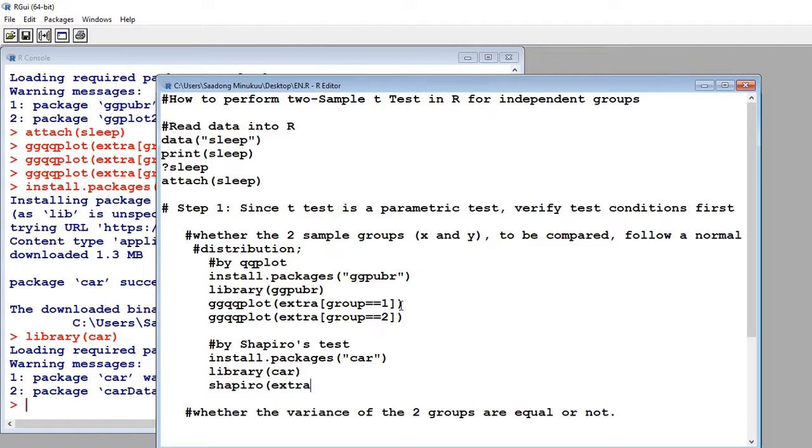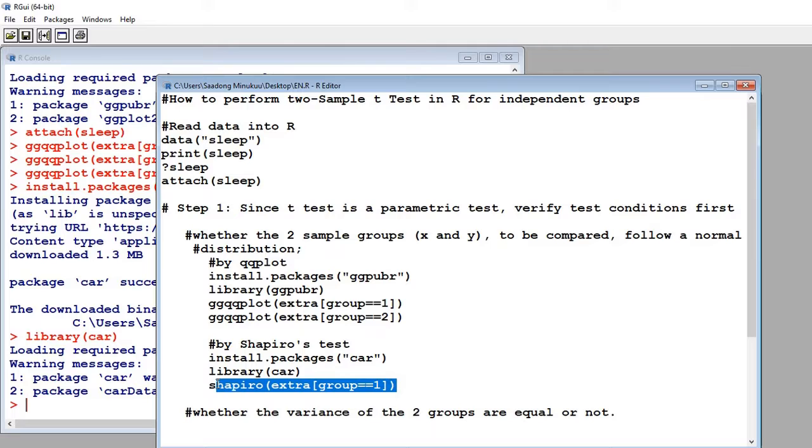Just like what we did, we use the square brackets, and then we say group is equal to 1. Then we close the square brackets and close the bracket.